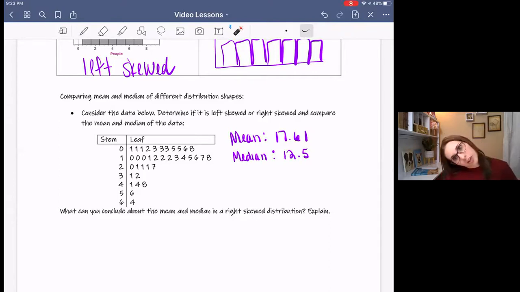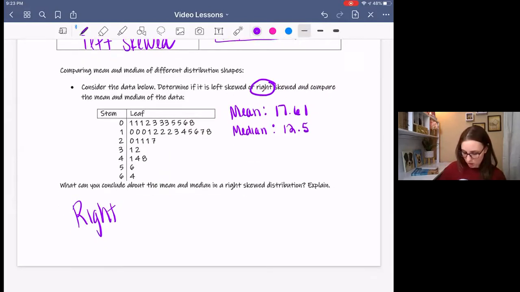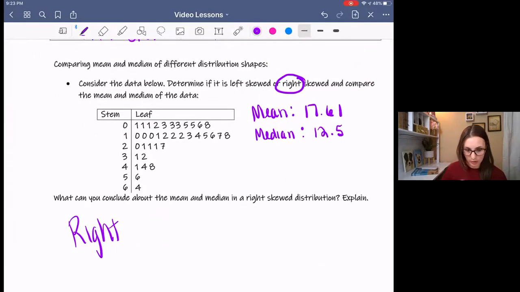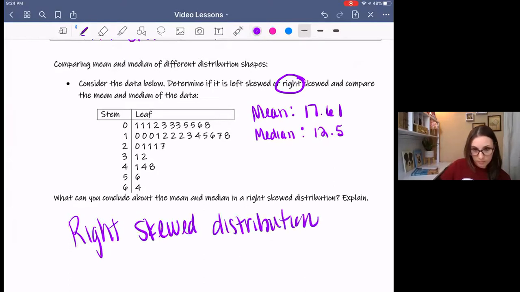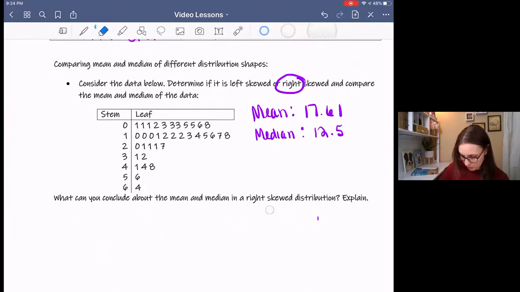If you tilt your head and draw that, that is a right. Actually, I'm going to circle right. And if we look at the mean and the median in a right skewed distribution, sorry, I am going to write that, but I need to write it smaller because I've run out of room.